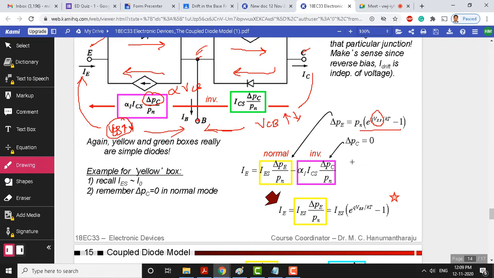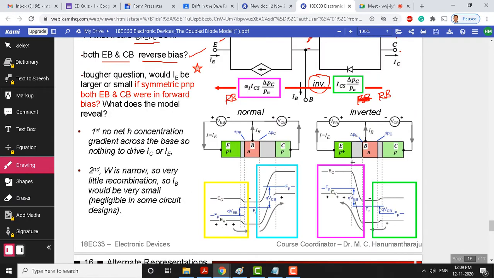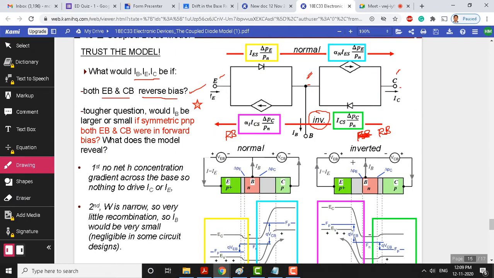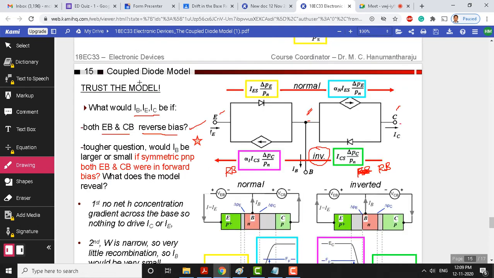Okay, so let me move on. This is what I was telling. Let me discuss this point here. This model is a trusted model, and I already gave you a hint. When both are reverse biased, what is going to happen?